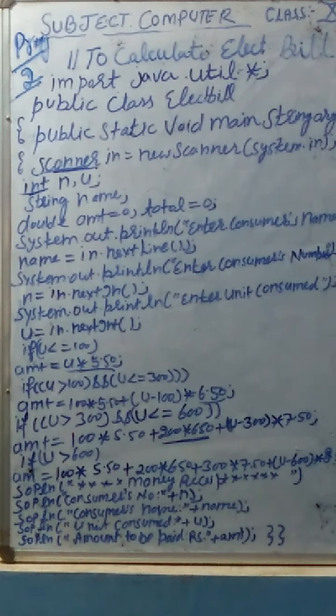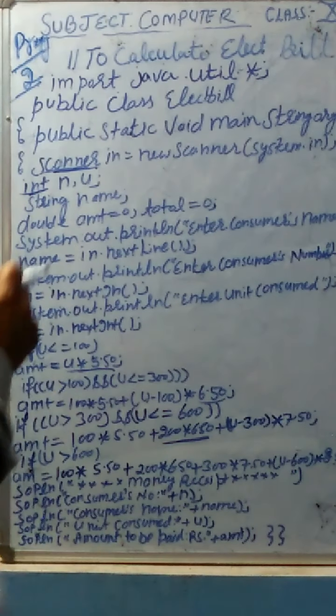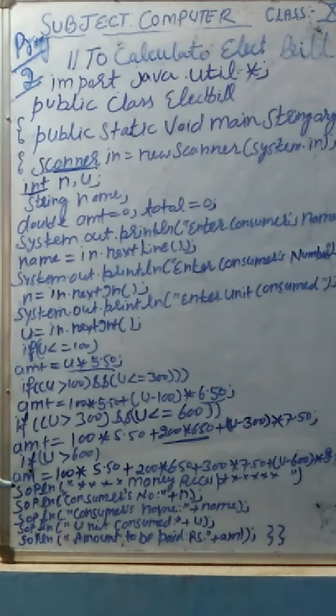Now if the unit is greater than 600, so then first of all it will calculate the amount of the 100 units, then 200 units, then 300 units, and remaining amount will be added.